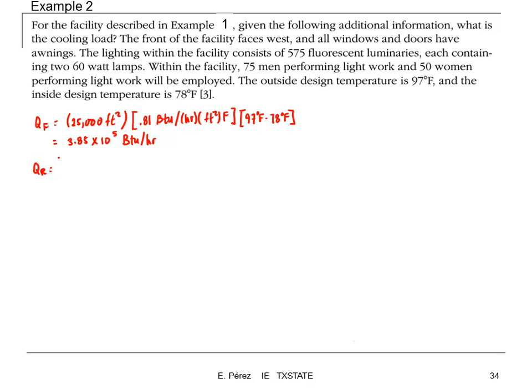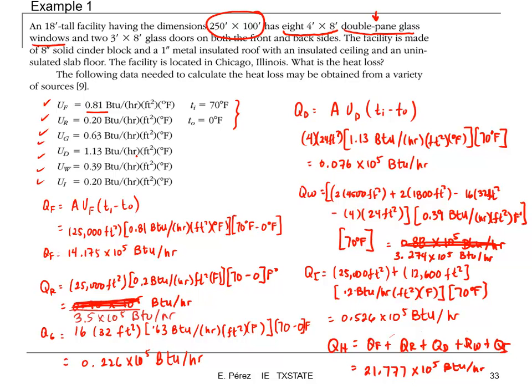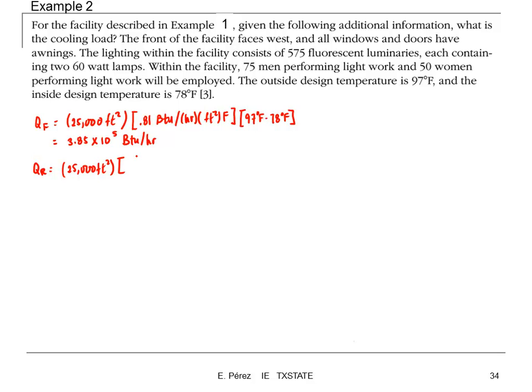So we have 25,000 feet squared times the UR for the roof, 0.20 BTU per hour feet squared Fahrenheit.